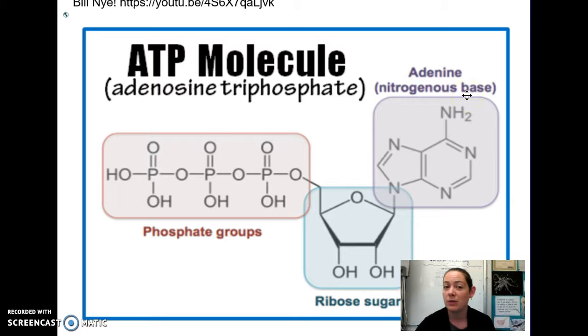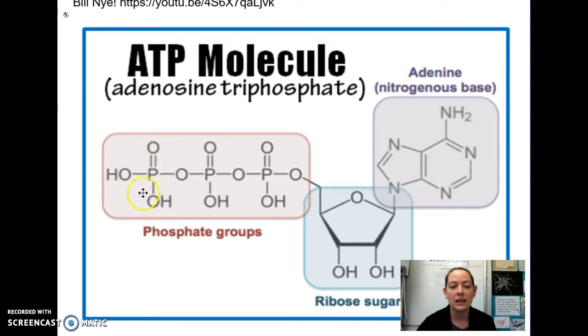If you guys remember, probably from another class in the past, in your DNA you have 4 bases. A matches with T and C matches with G. So here's the A, adenine. And then right here we have a sugar called ribose. And so these two together are adenosine. And then the really important part is right here, the phosphate groups.